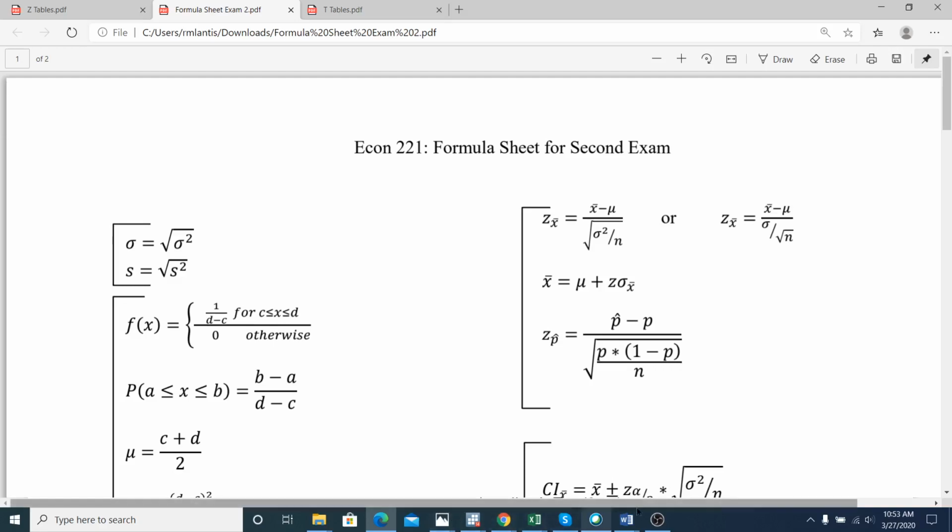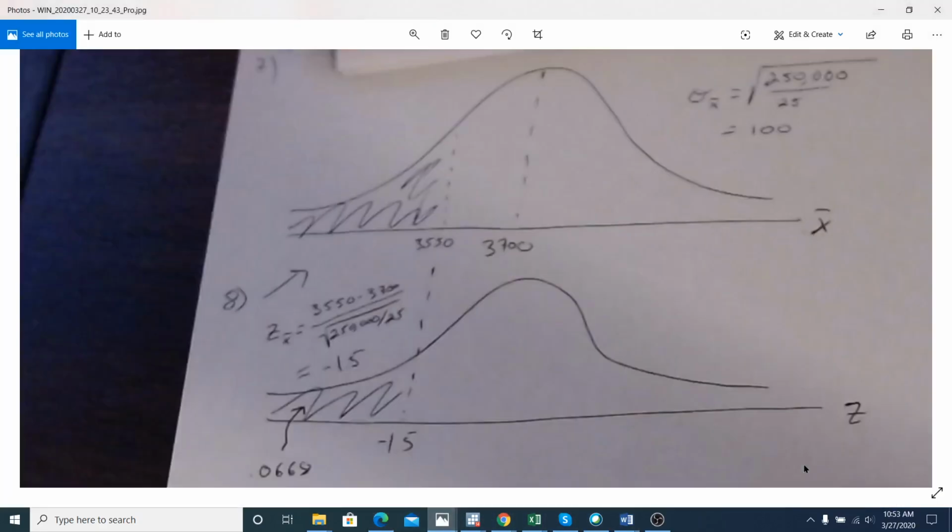I was given all that in the problem. This denominator represents dividing by the standard deviation of my sample means. If I'd already found this ahead of time, I could have just plugged in 100 in the denominator, but if I plug in all the parts, I'd still get 100, so it's okay.